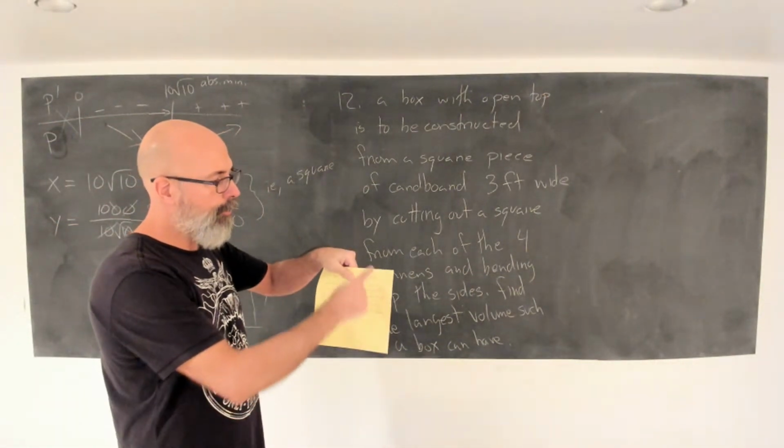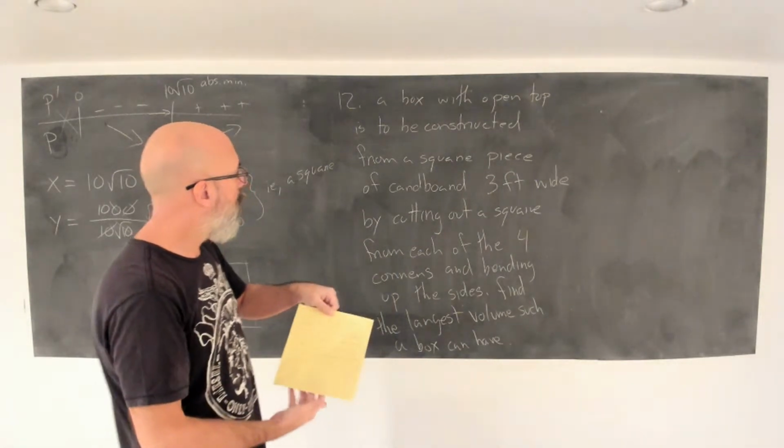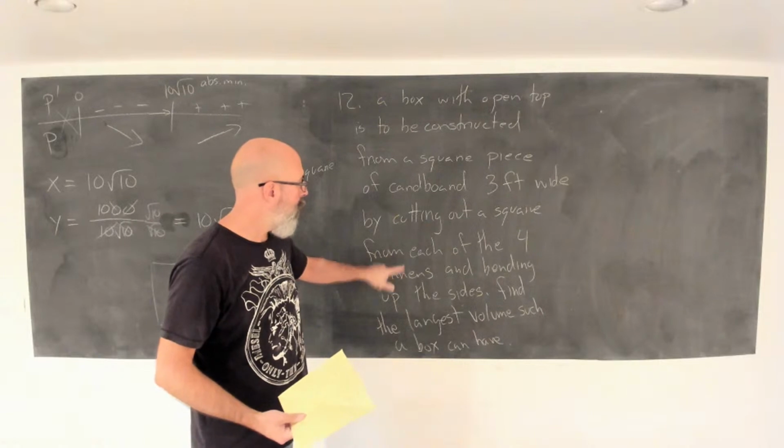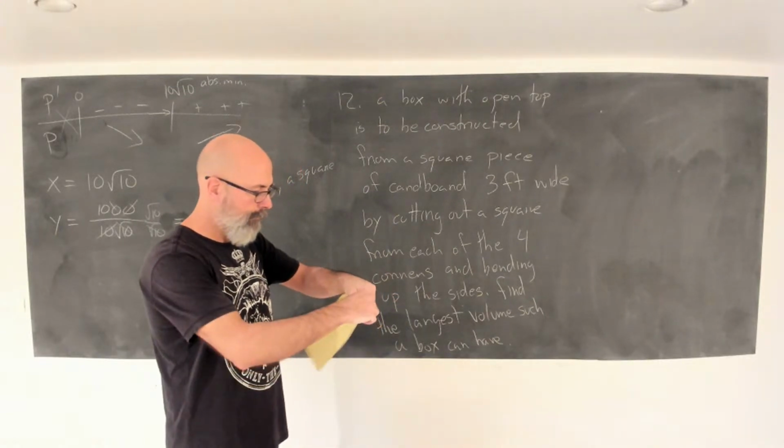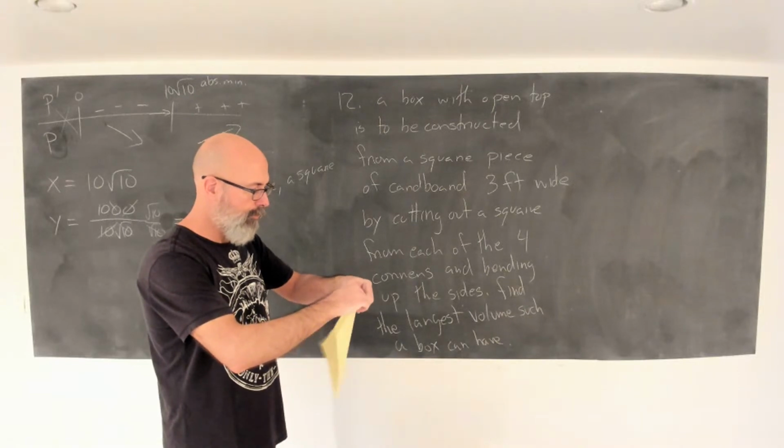And then you're going to cut out small squares around the corners. Right, cutting out a square from each of the 4 corners.